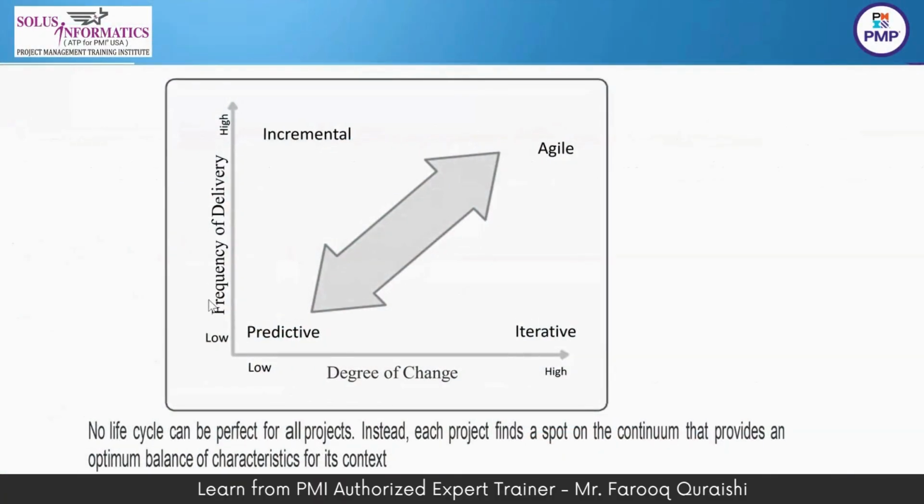Each project actually finds a spot on the continuum depending upon the frequency of delivery, multiple deliveries or one deliverable at the end, and depending upon the degree of change, the project will find a space for itself. When you talk about a project where the frequency of delivery will be low, it means one delivery at the end of the project. That is the meaning of frequency of delivery low, and changes will be low. So this is where your predictive projects will fit.